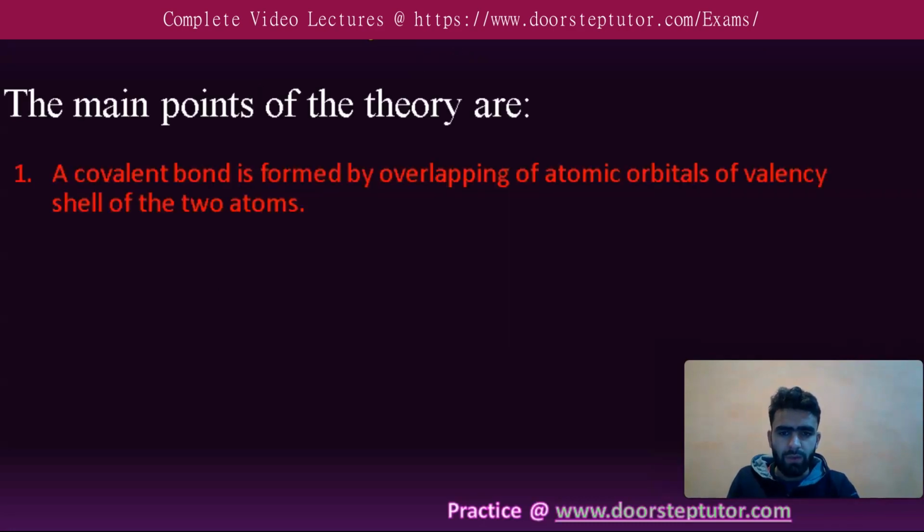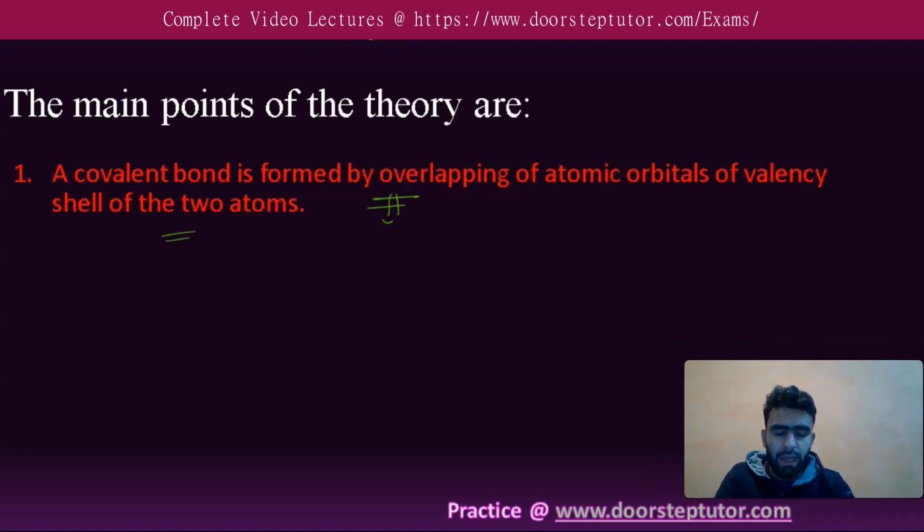Now, the main point of Valence Bond Theory is that a covalent bond is formed by the overlapping of atomic orbitals of the valence shell of the two atoms. So what does it mean? It states that when two atoms try to form a covalent bond, their valence orbitals overlap. That is, there is the concept of overlapping.